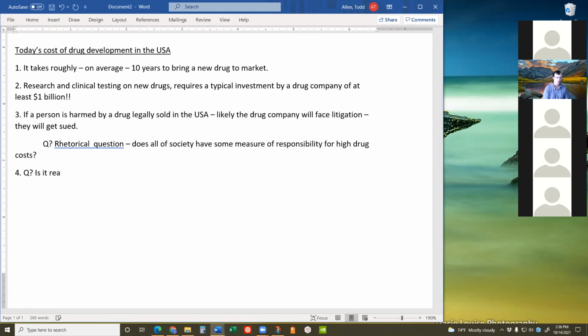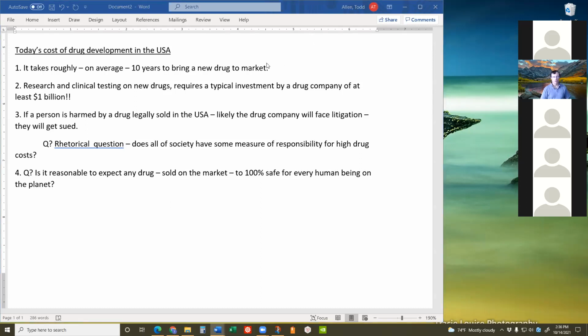Is it reasonable to expect any drug sold on the market to be 100% safe for every human being on the planet? What do you think, folks?